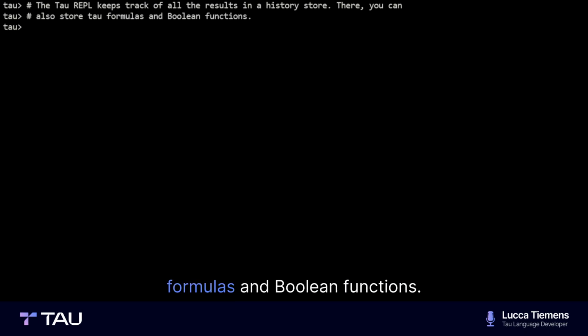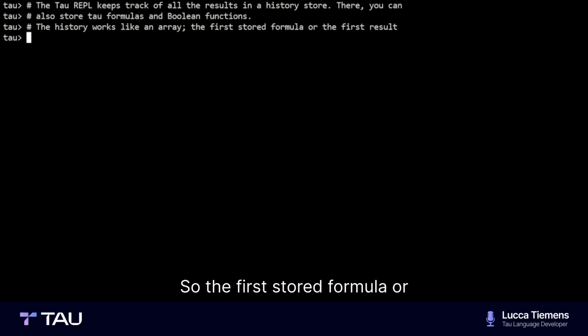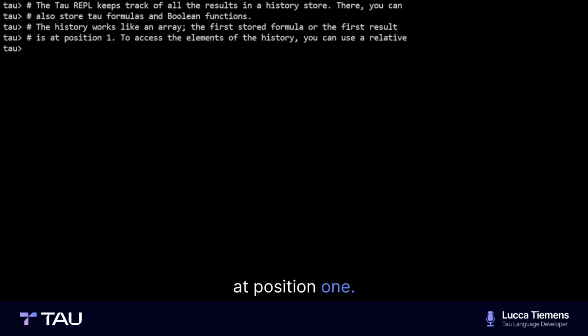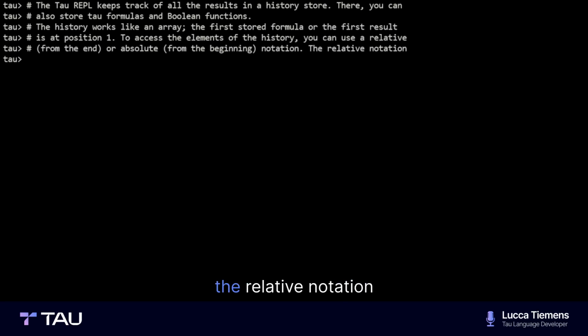The Tau REPL keeps track of all the results that you inputted in a history. There you can also store Tau formulas and Boolean functions. The history works like an array, so the first stored formula or the first result is stored at position 1, and to access the elements of the history, you can use a relative or absolute notation. The relative notation is percent minus, and then you input the position.